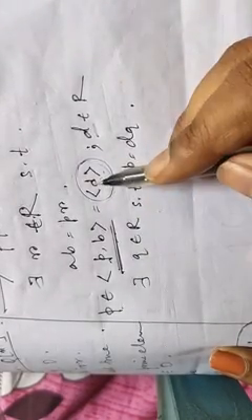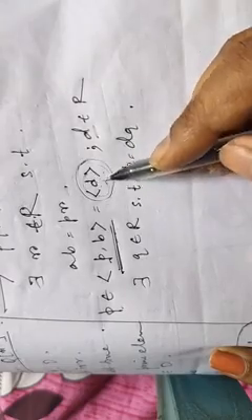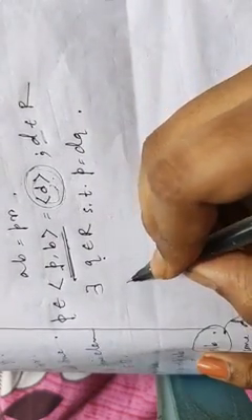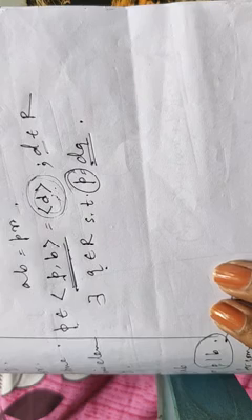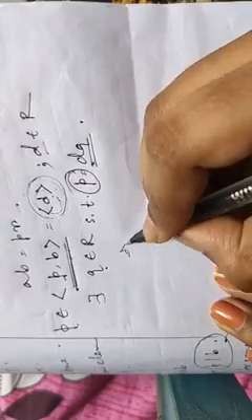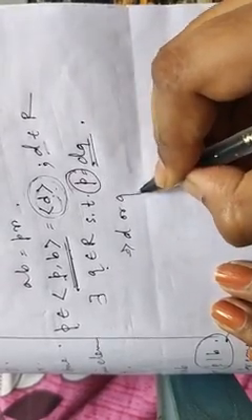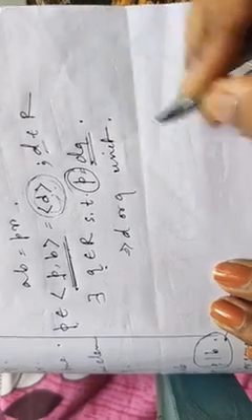That means P can be written as some D times some element. So there exists some Q such that P equals DQ. Now since P is irreducible, and P can be represented like this, DQ, either D or Q must be a unit, right?